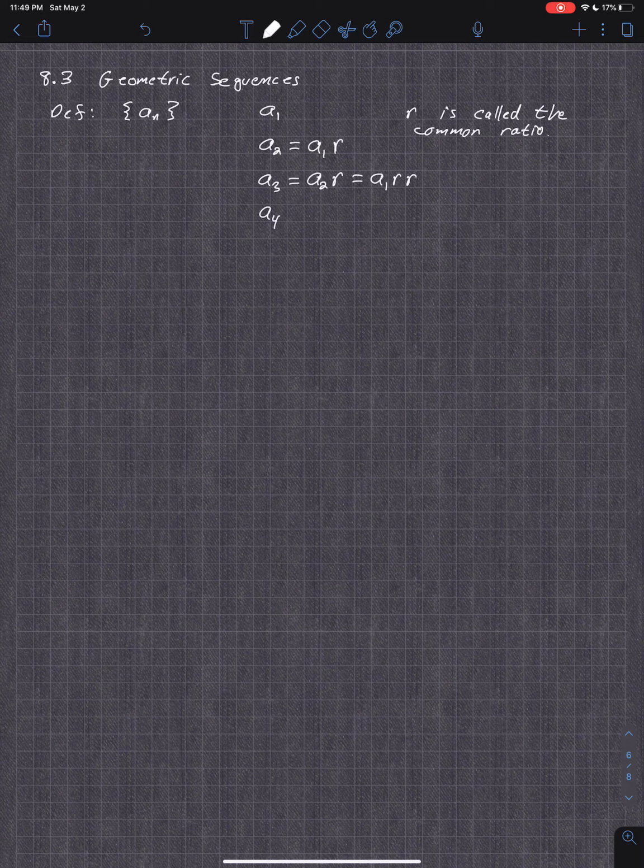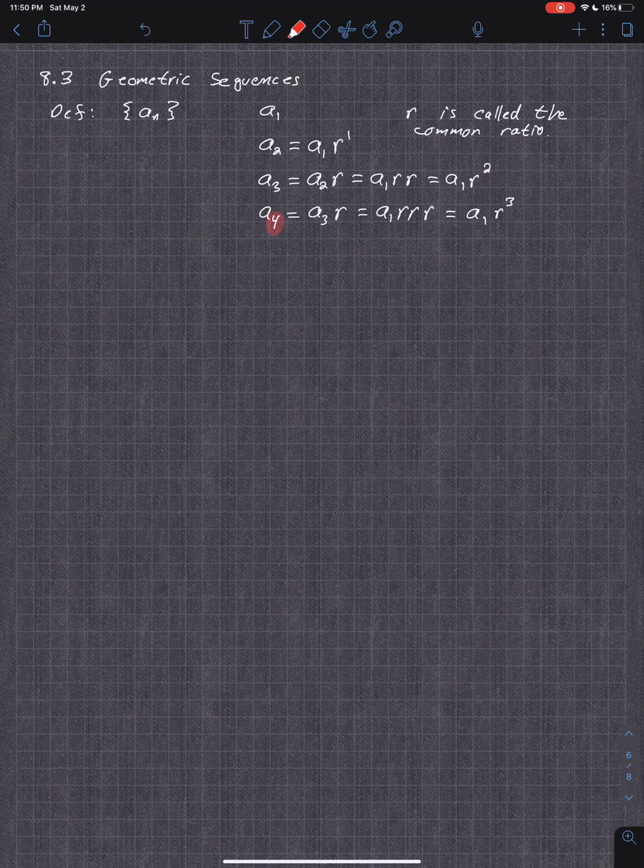And then a4 is a3 times r, but a3 is a1r times r. So you can see the pattern here: a4 would be a1r raised to the third power, and this was a1r squared, and that was to the first.